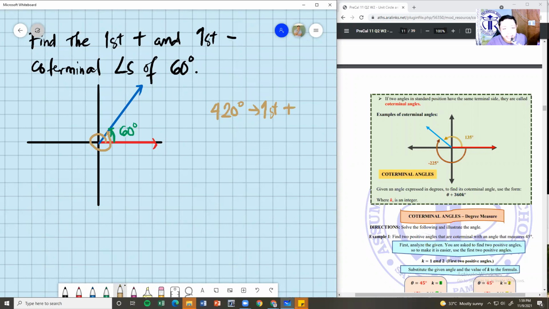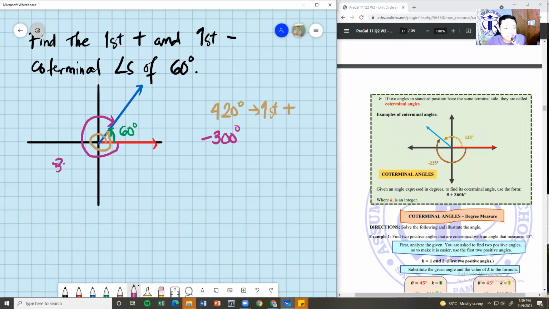This is the first positive coterminal angle. Can you follow? And for the first negative naman, this is from the initial side going to that side. So therefore, that's 360 minus 60. That becomes 300 degrees. And that should be negative.